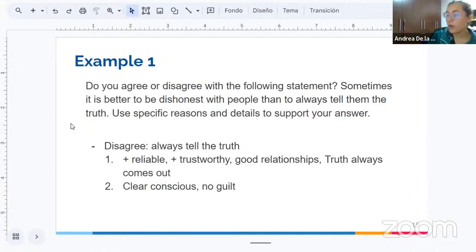Honesty. So what I would suggest is remember that the topics are usually the same, right? As I was telling you before, you have education, work, lifestyle, and health. So that means diets, working out. You have finance, technology, the environment, relationships.